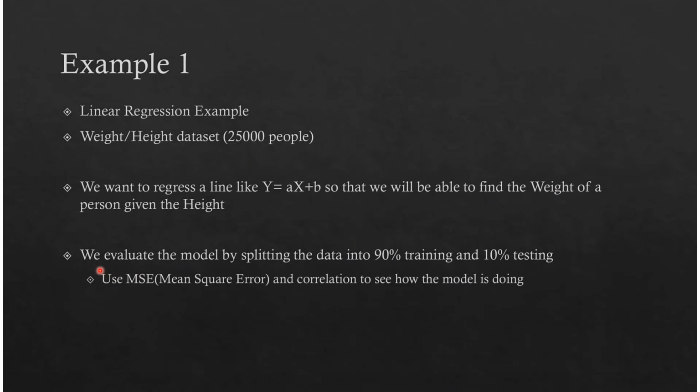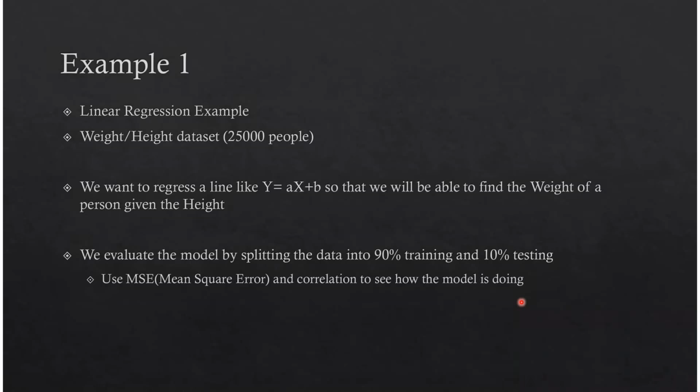To do this, we will evaluate the model, splitting the data into 90% for training. As I explained in the first slides on machine learning, we need training data. In this case, we will use 90% of the data as training, which is 22,500. So 22,500 data points will be used for training, and then 2,500 will be used for testing. Why testing? Because we want to know how our model is doing.